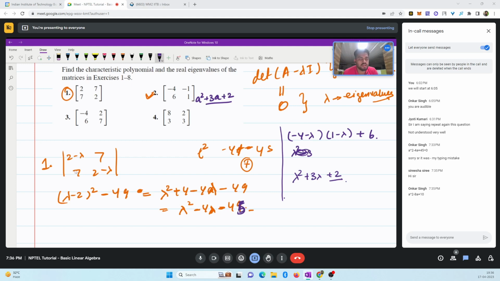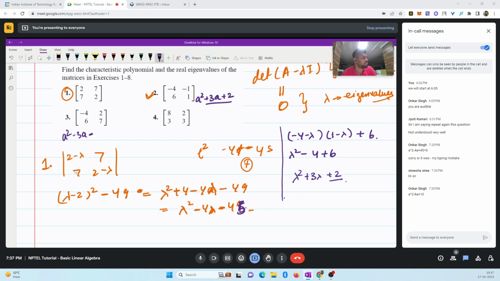I'll just quickly look at it. So this is lambda square minus 4, and from here plus 6. And from here the third is lambda square minus 3 lambda minus 40.